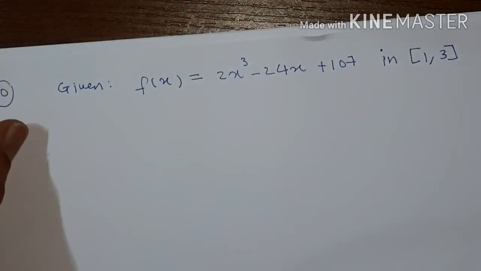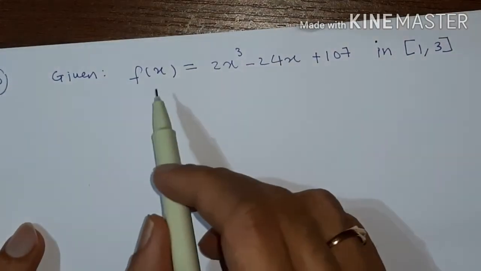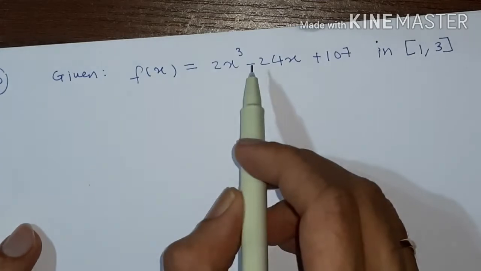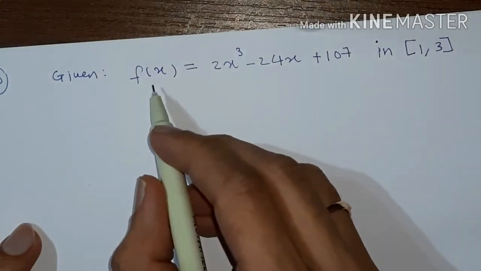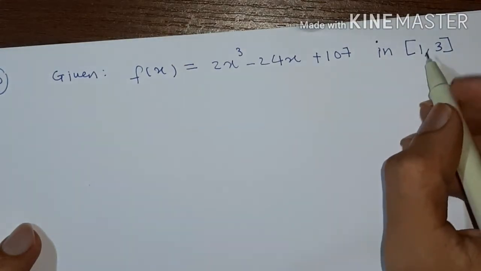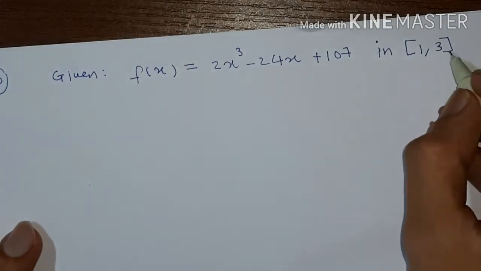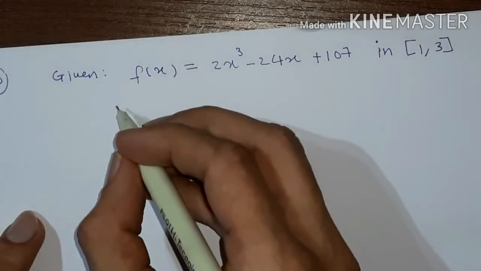Now since you have to find the maximum, you have to find the critical point of this function, then evaluate the value of the function at the critical point, and also at the end points of the interval. So first we have to find the critical point.